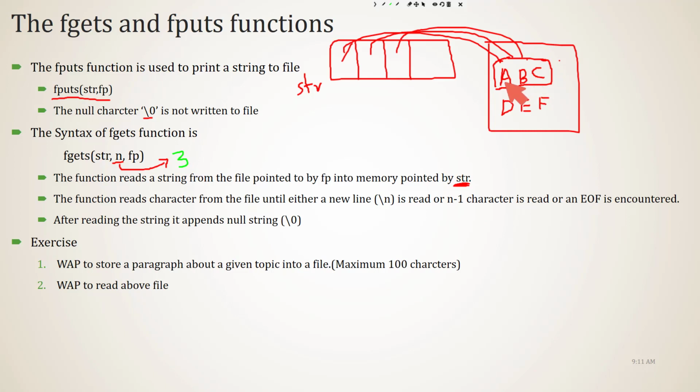So this will read only A and B, because 3 minus 1 is 2. Here new line is not reached, but n-1 characters are reached. Because n is 3, n-1 characters means 2 characters. A and B are read.